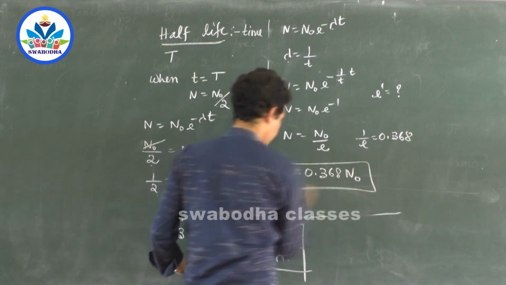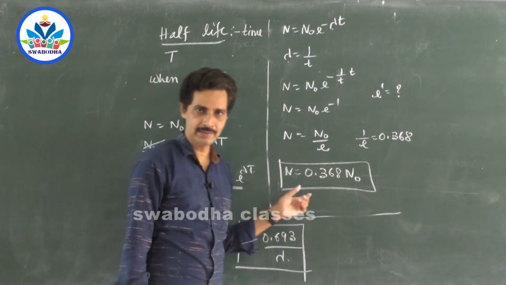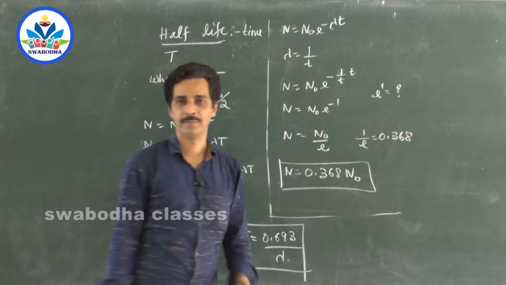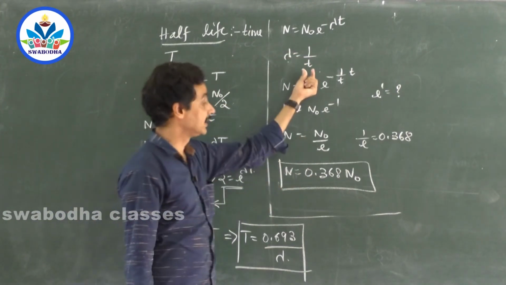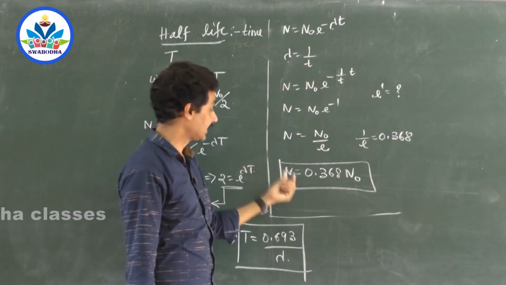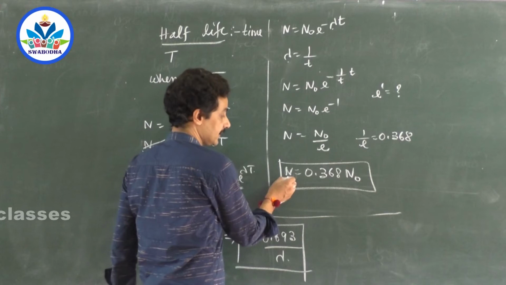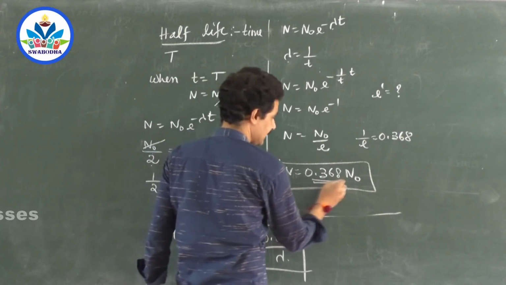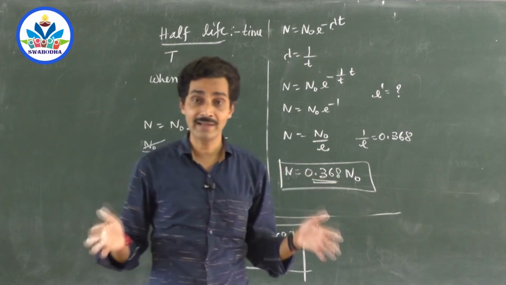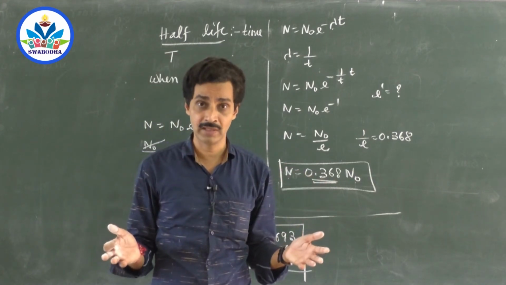Now we were able to get this result by assuming that lambda is the reciprocal of time. If you substitute it as a reciprocal of time, what is that time? It is the time in which the number of atoms in the sample becomes 0.368 of the maximum value. Suppose I had 1000 atoms of any radioactive material.